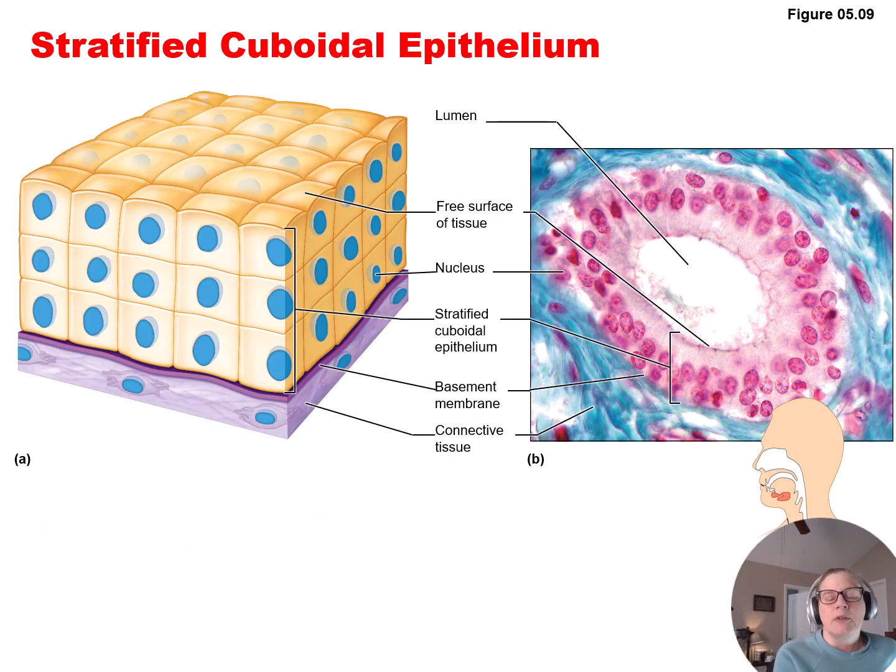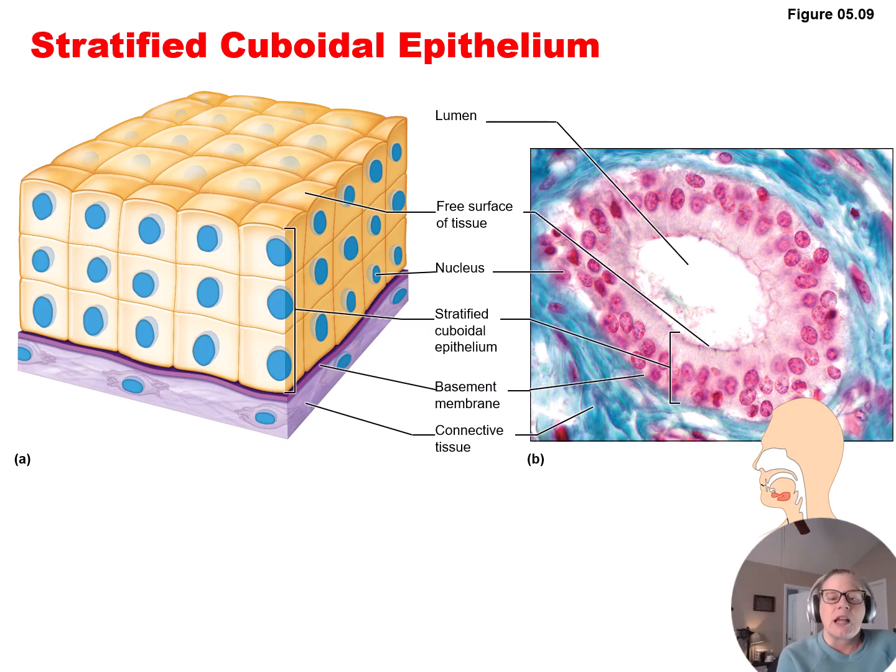Our second example of stratified tissues is stratified cuboidal. And stratified cuboidal cells are typically only 2 layers thick. I know they're showing 3 here in this diagram, but usually they're more likely to be 2 layers thick. These tissues are pretty rare in the body. You don't find a lot of examples of them.